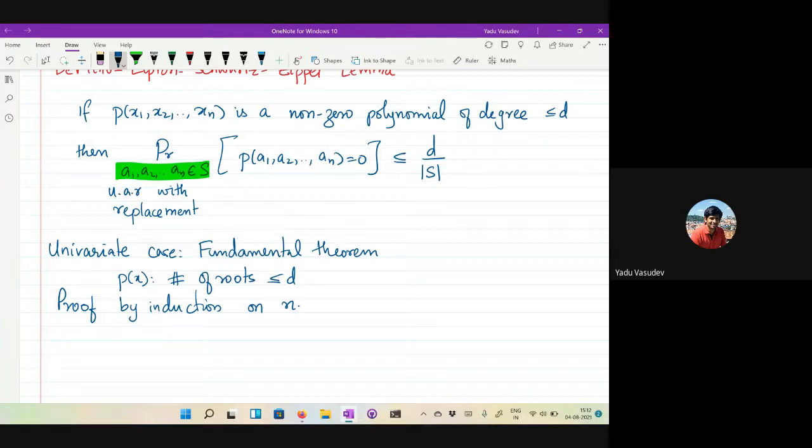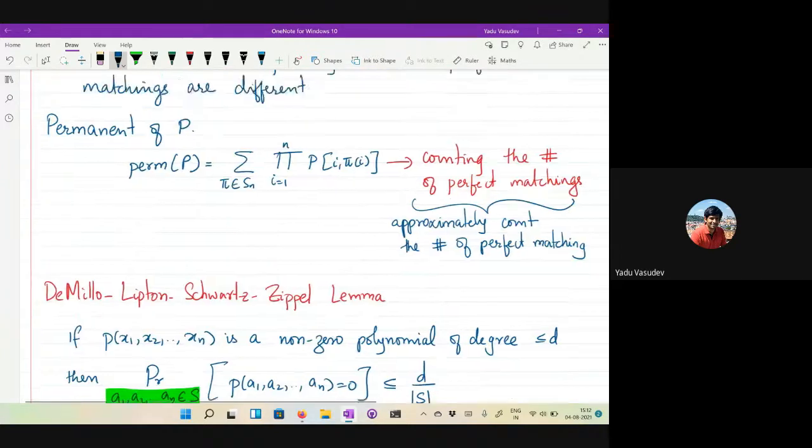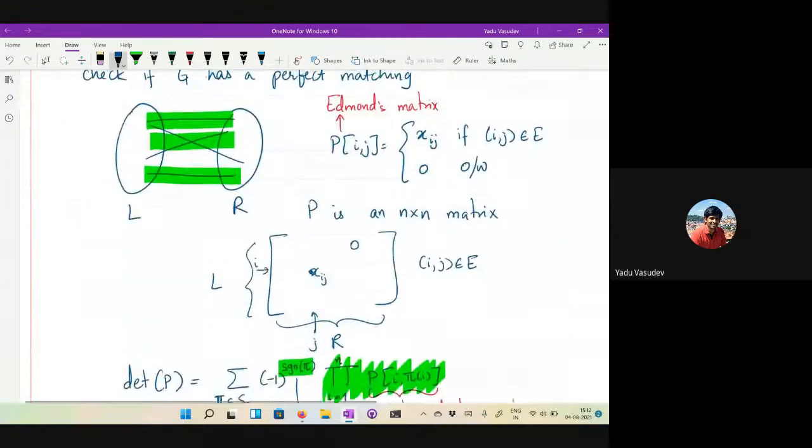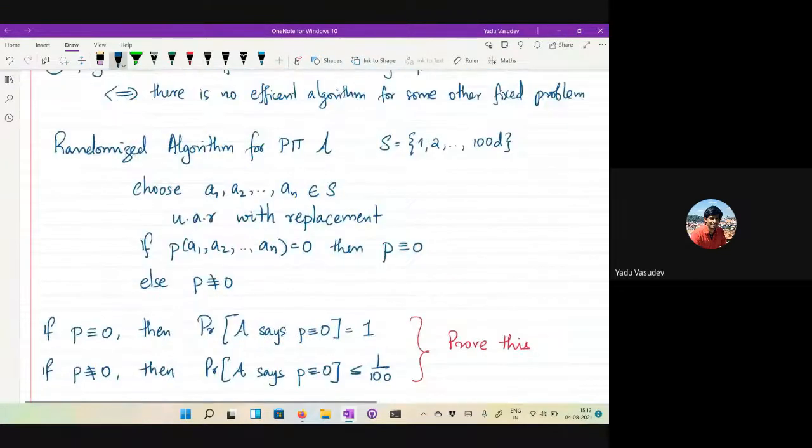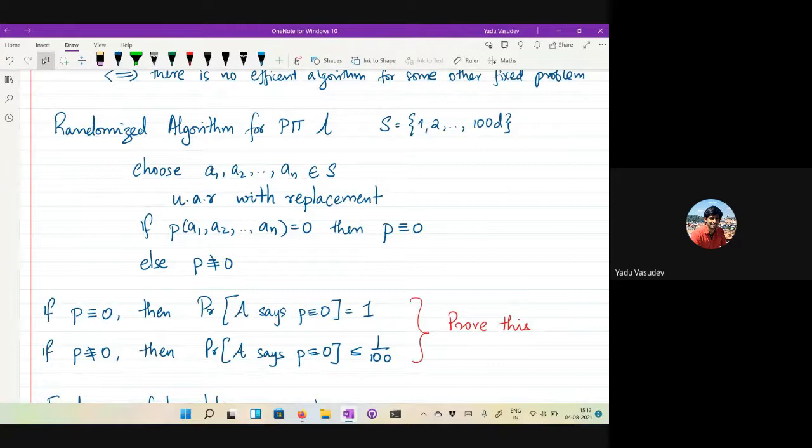Okay. So before we get into that, what does it mean to analyze a randomized algorithm? Let's go back to the randomized algorithm that we wrote here. Typically, in the case of a randomized algorithm, the algorithm makes some random choices.